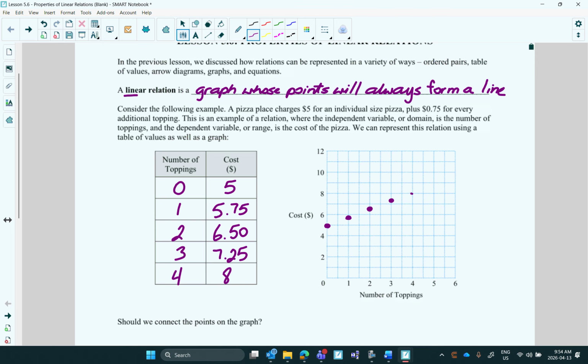And 4 toppings is $8. Now think about the actual problem that we're working on right now. Should we connect these points to form a line?